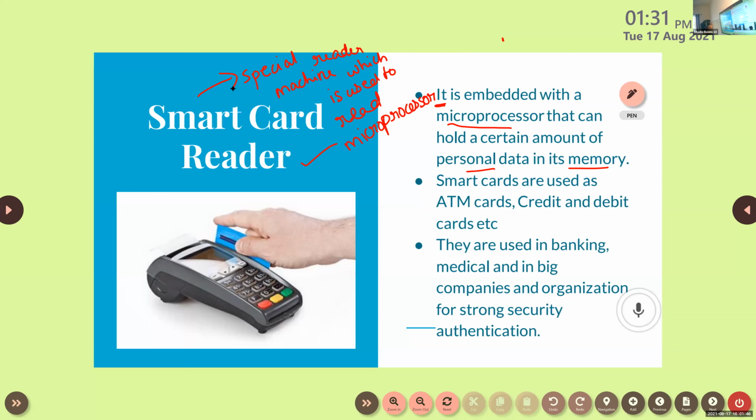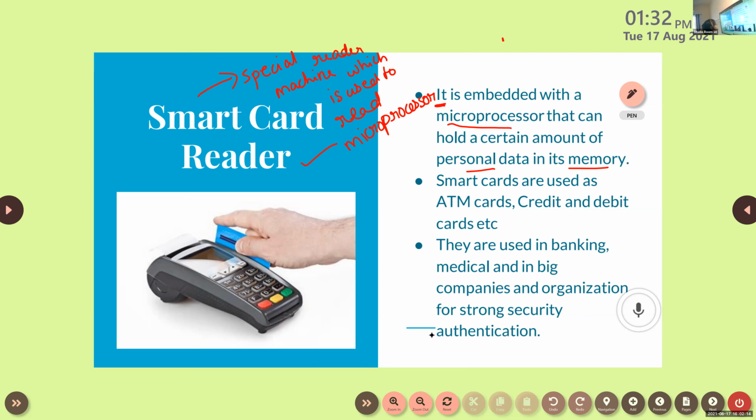Smart cards are used as ATM card, credit card, debit card, isn't it? Which are being used in banking and all the sectors. Nowadays, we are using cards for everything, right? If we go for shopping, for hospital purposes, for watching movies, we will use this card, isn't it?